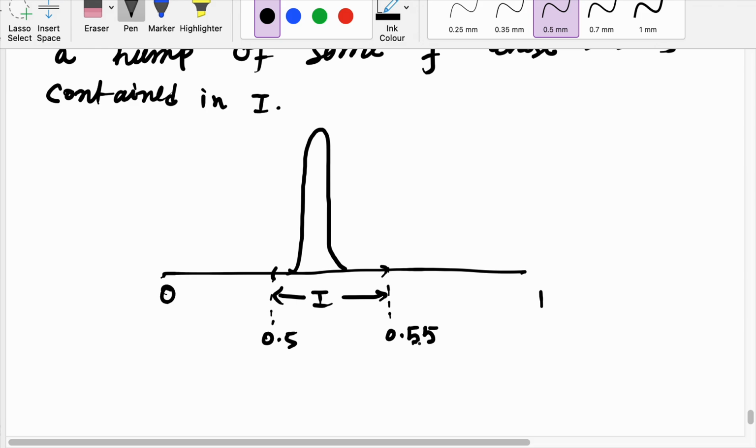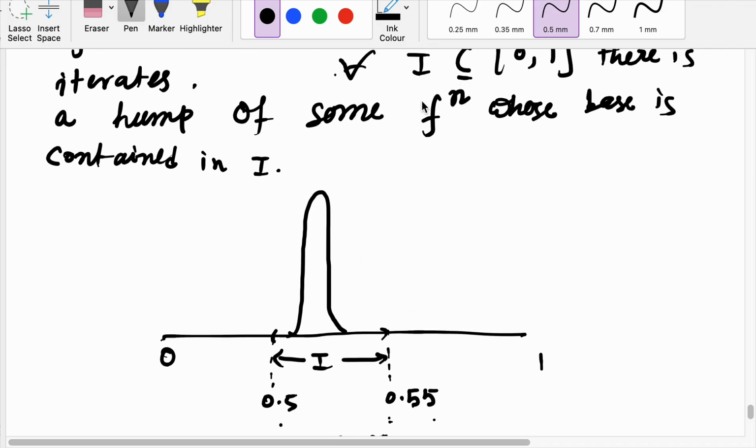It's not very good sketching, but if anyone wants a hump contained in this interval, he will get that hump. You only have to find that iterate n, and if I increase n, we know that the base of this wiggly iterate will decrease. So after a large enough n, we will obviously get a hump in any interval whatever we want.